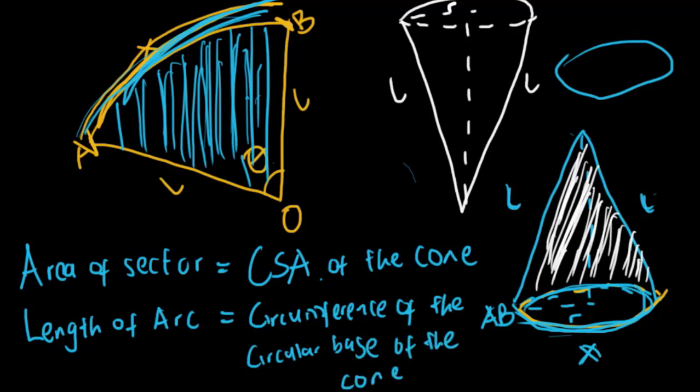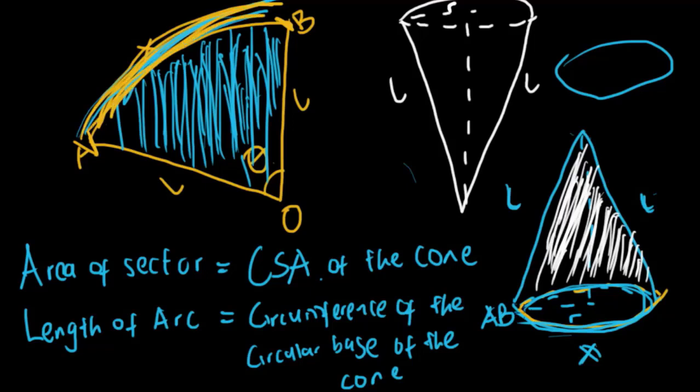Now, don't forget this part here, which is the space the sector takes and is known as the area of the sector, is the same as this part here, which is known as the curved surface area of the cone. Also, this part here, which is known as the length of arc, is the same thing as this part here.